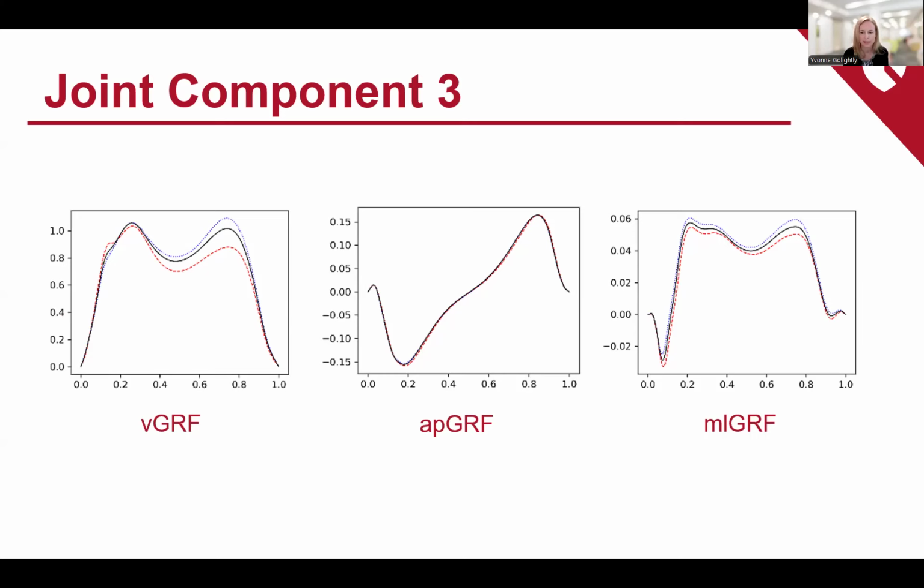So how does this compare to what we already know? There's not a lot of literature in this area, and of the studies that we found, often the samples are smaller, and the results do seem to vary, but we did see that there's some agreement where there are lower vertical ground reaction force peaks among those with obesity compared to those without obesity.